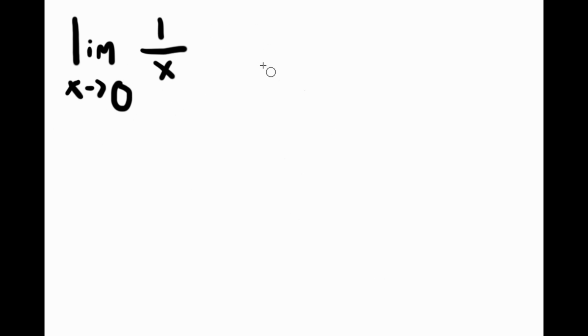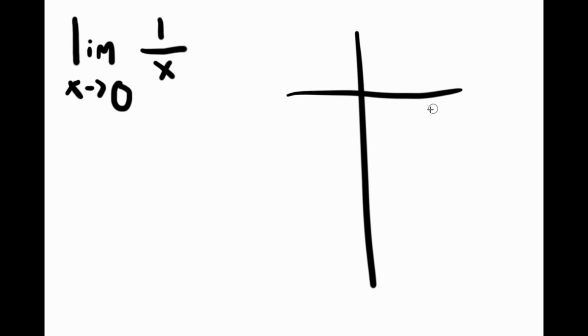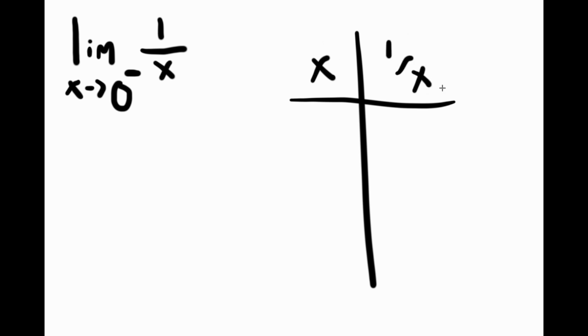Let's create a table in order to illustrate what it means for a value to be infinity. So let's start with the left-hand side, or negative. Say x in our f of x, and this x is going to be increasingly closer to a, in this case 0, in negative values.